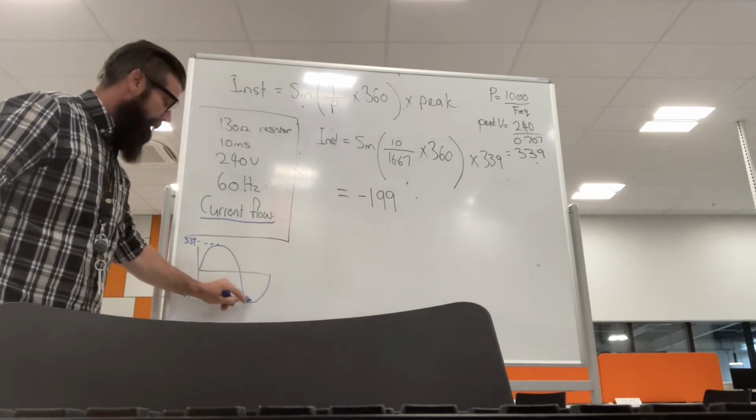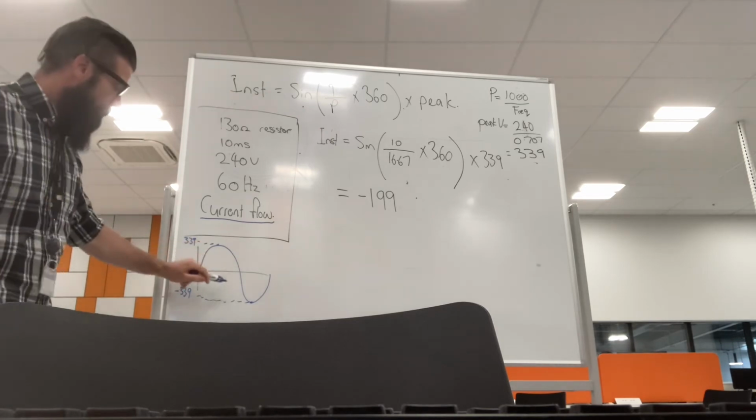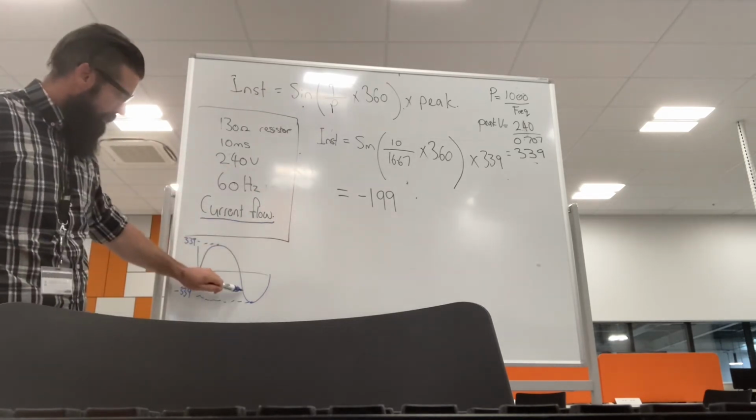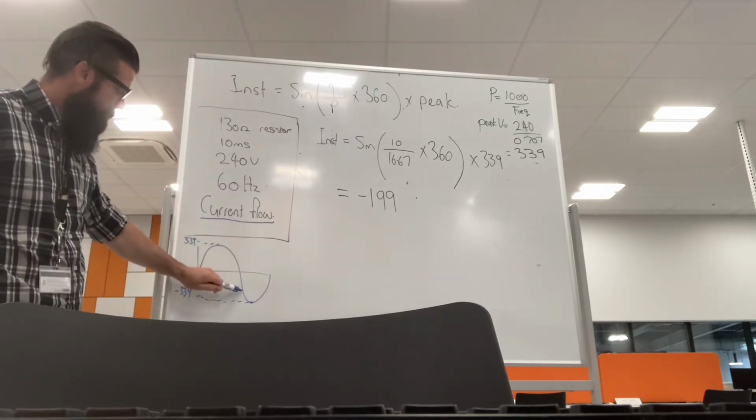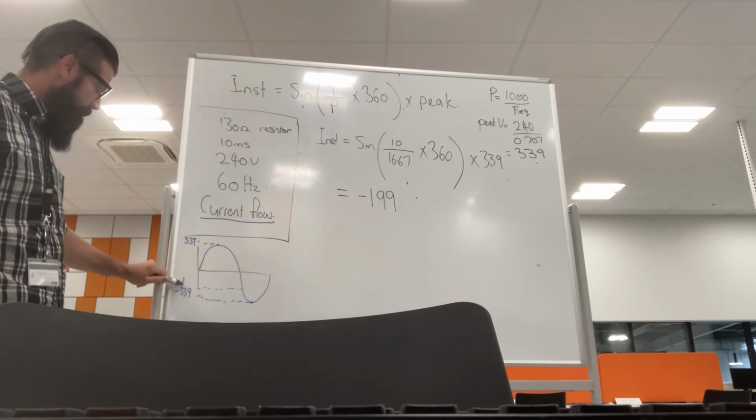So our peak here is going to be negative 339 volts. So what we're saying is that our 10 millisecond value is going to be somewhere around here, negative 199.